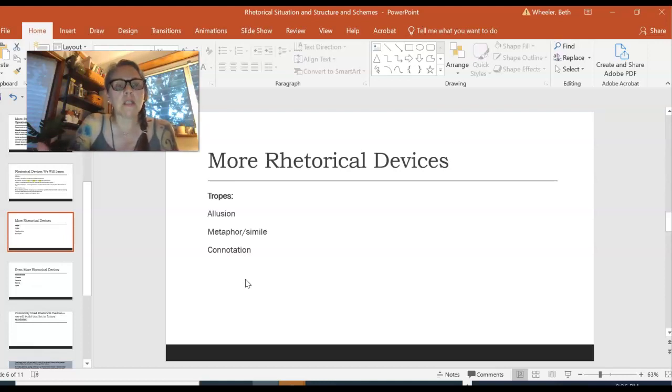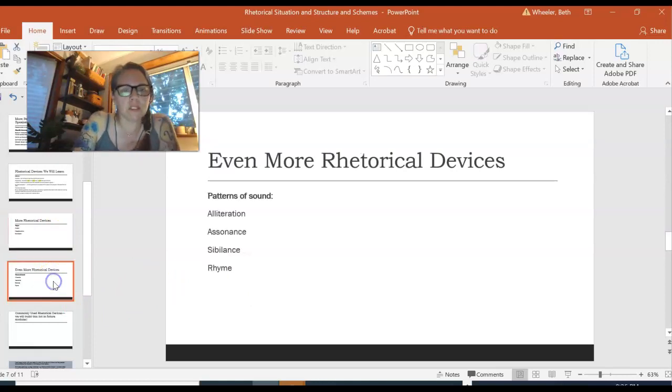We can look at a sentence, or at a specific word that maybe is repeated a few times and understand that not only does it carry the dictionary definition, or the definition that most people understand about the word or the idea, but it has an extra suggested meaning as well. There are many other tropes, but those are some simple ones to get us started for the semester.